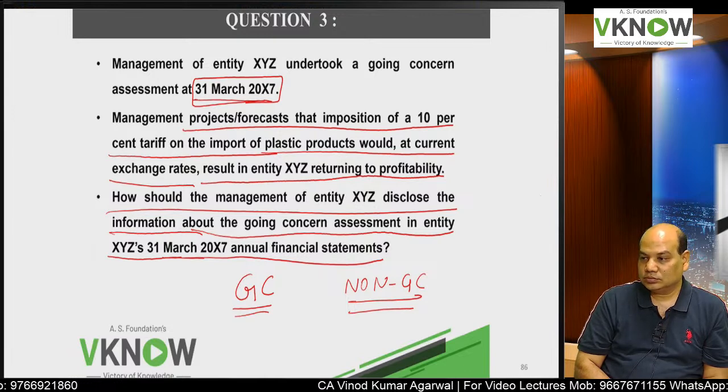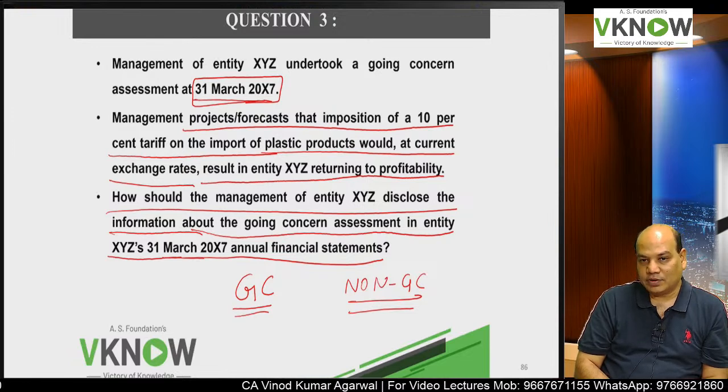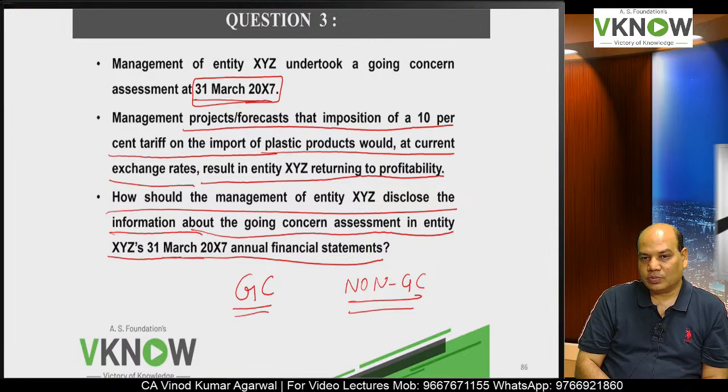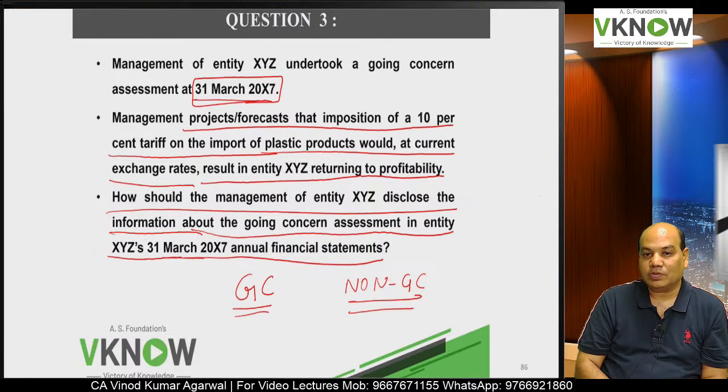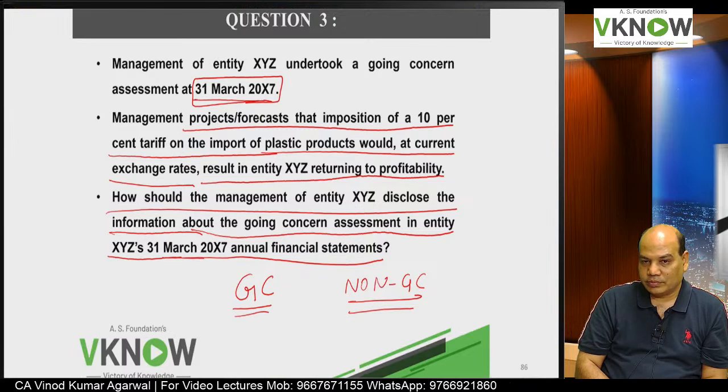It will present it as a going concern, because from the facts given, after restructuring their losses have declined. After lobbying, the government will impose tariffs, the exchange rate will become stable, the company will run into profit. So there is no need to liquidate the operation in the next 12 months.